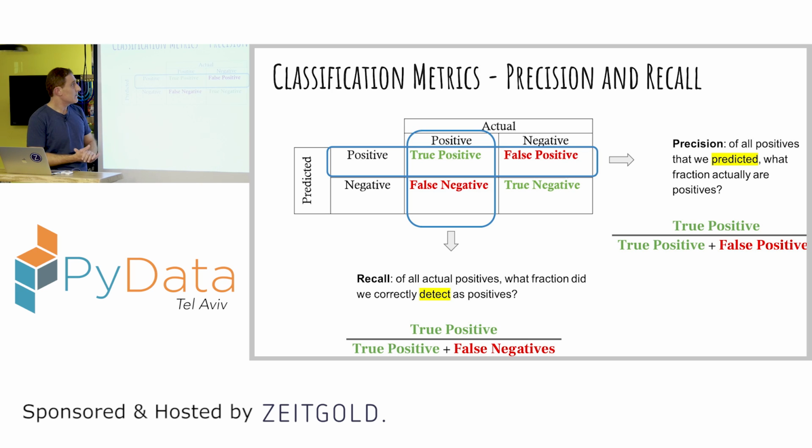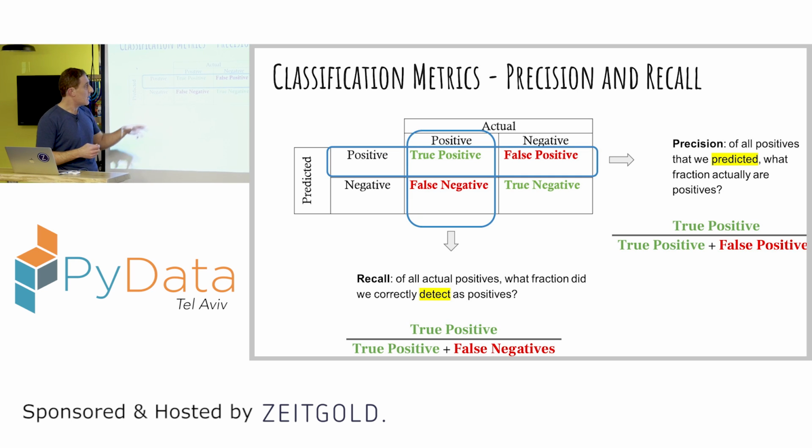The other one is precision, and precision does not relate to the actual, but relates to the prediction, how many of the samples we were accurate about. So we take the true positive, the positives that we were right about, and we divide it by the total predictions.